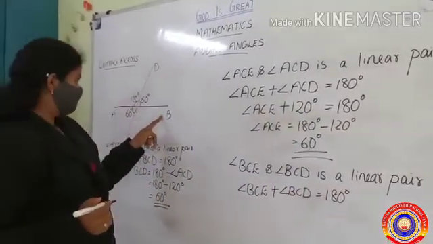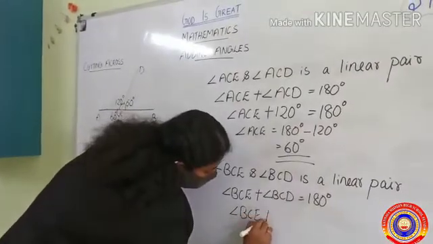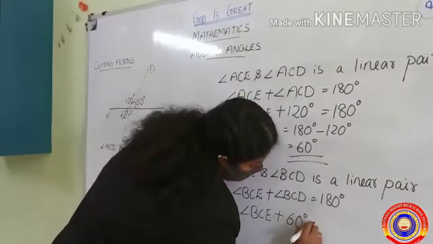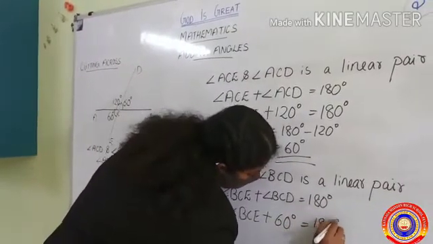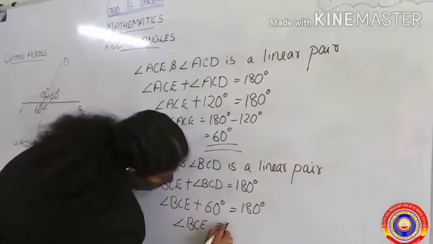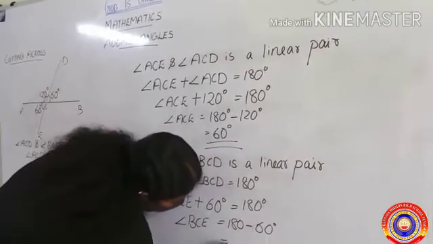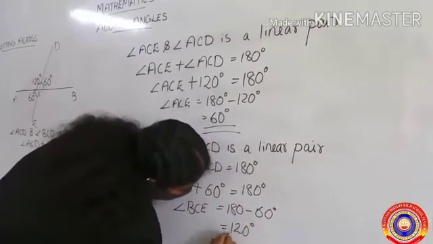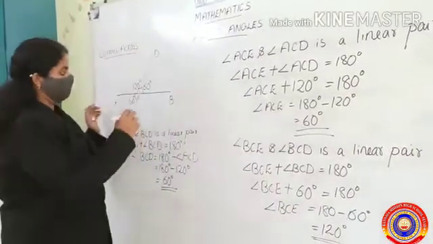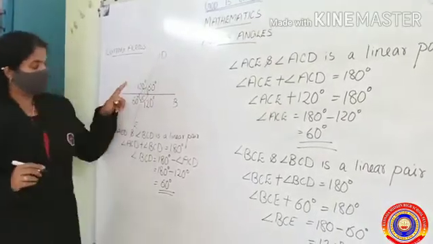Angle BCE plus angle BCD, which is 60 degree, is equal to 180 degree. So, angle BCE is equal to 180 degree minus 60 degree, that is 120 degree. Here we got the angle BCE as 120 degree.